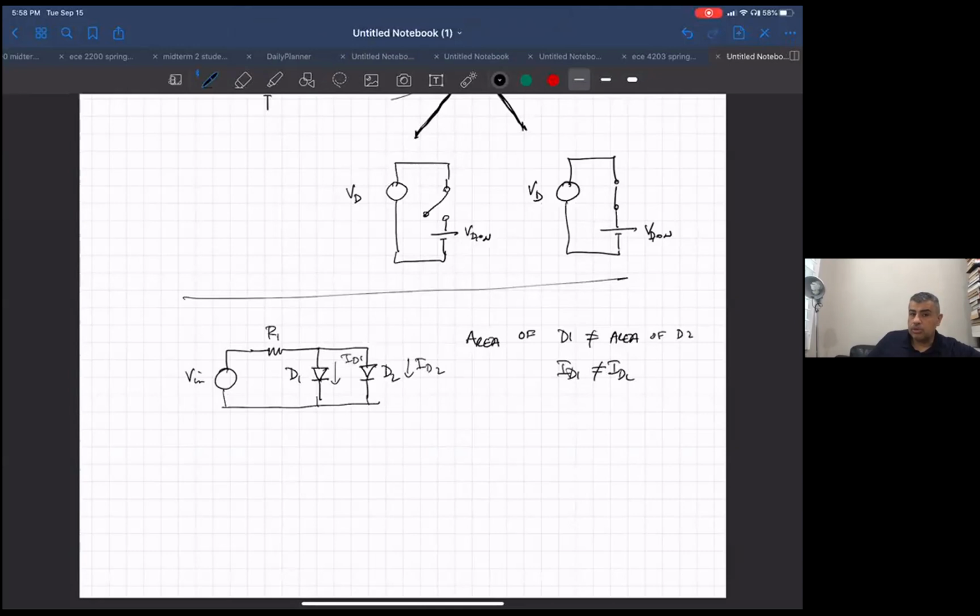So you can't use the ideal model or the constant voltage model to analyze the circuit, because both of those will claim that ID1 is exactly equal to ID2, whether it's infinite or whether it's zero. They'll say it's exactly the same. But if their areas are not the same, we know they can't be the same. So in a case like this, we'll see you have to go all the way back to an exponential model.